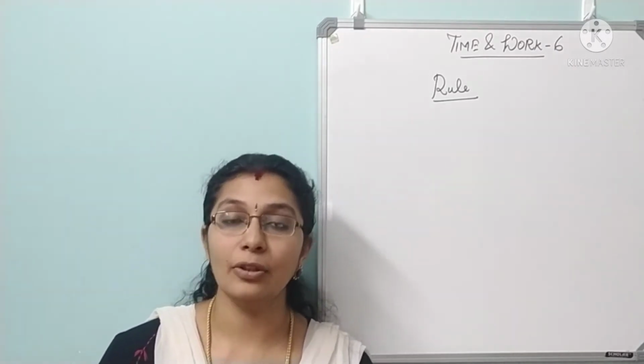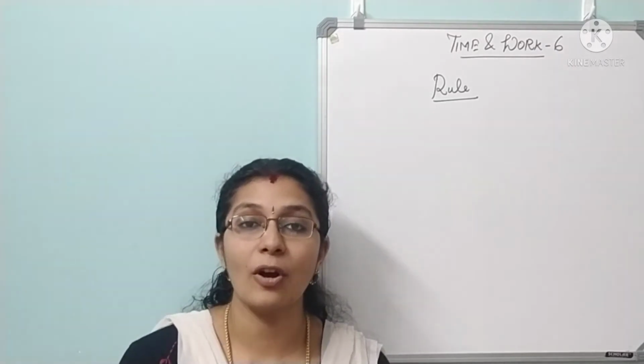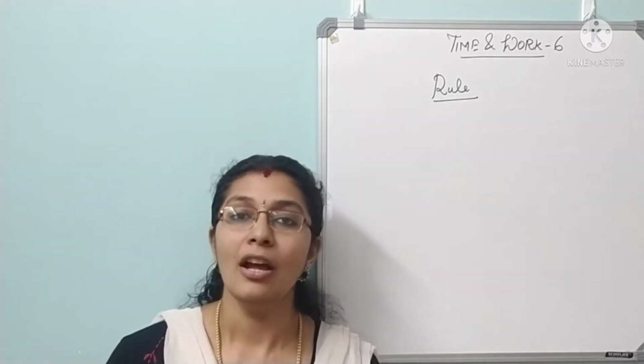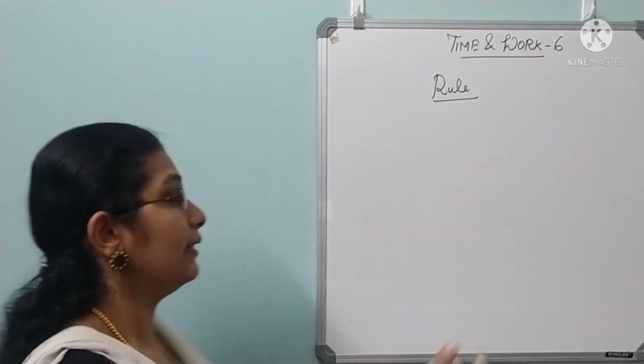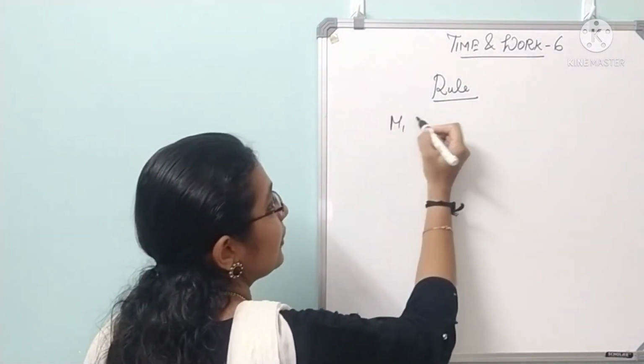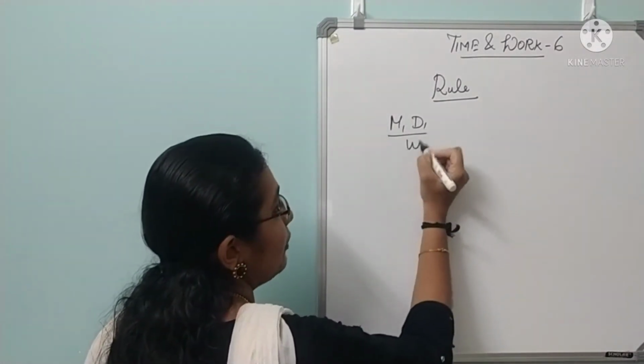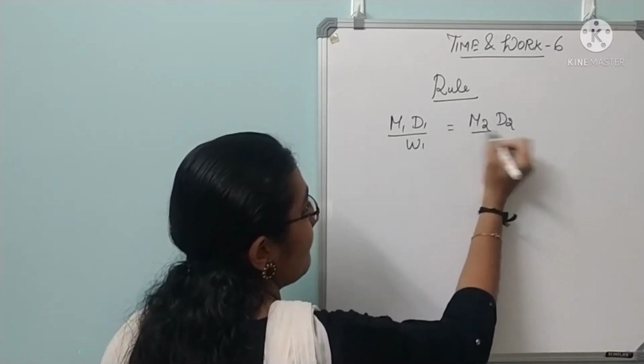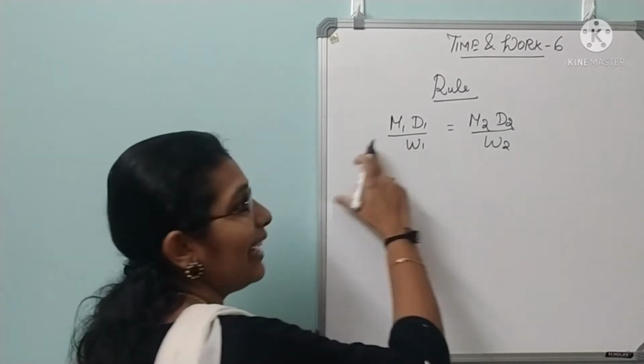In this session, we are going to cover questions based on a certain rule. We'll use a simple rule to solve the question. The rule is like this: M1 D1 by W1 is equal to M2 D2 by W2, where M is men.